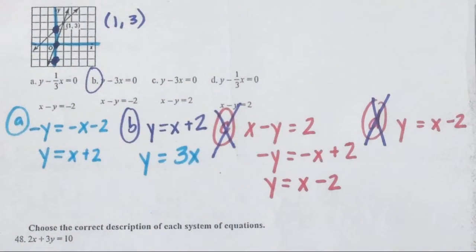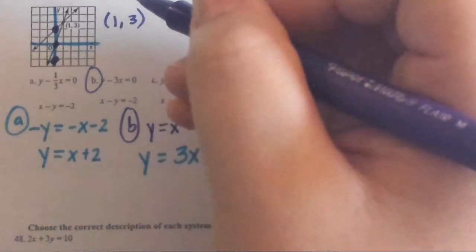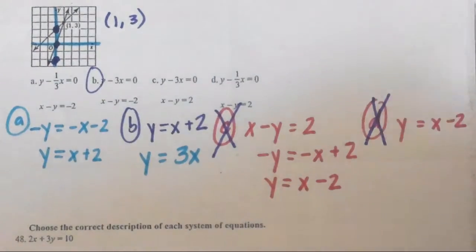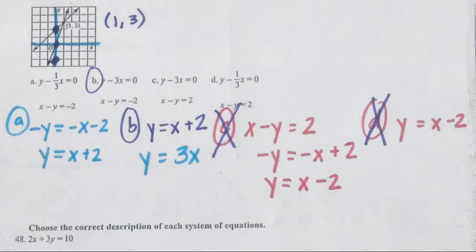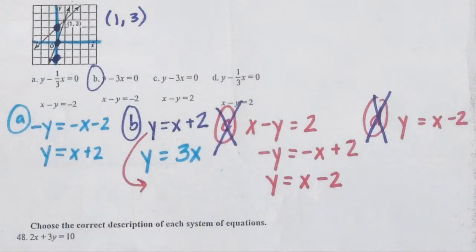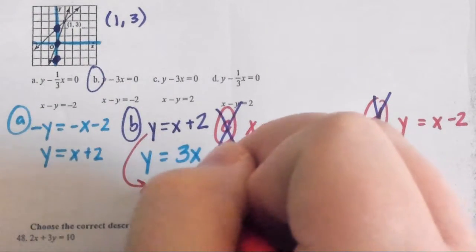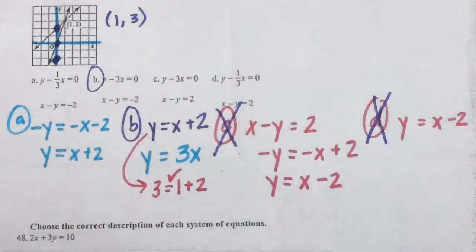But we're also going to give Seth a point, because honestly, his way would have been way faster to begin with. I know that they're supposed to match at 1, 3, so why not plug in 1, 3? So let's look at our answers. Since we do know which one's the correct one, let's go ahead and look at it. If we plug it into the equation y equals x plus 2, 3 equals 1 plus 2, is that a true statement? Well, yeah, 3 equals 3.